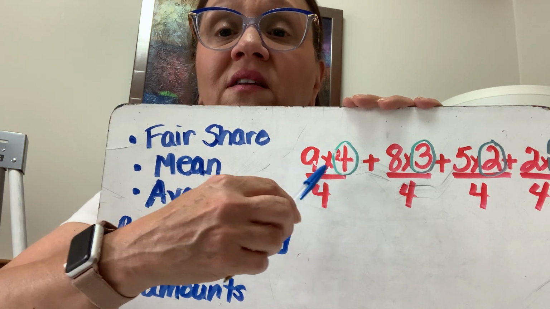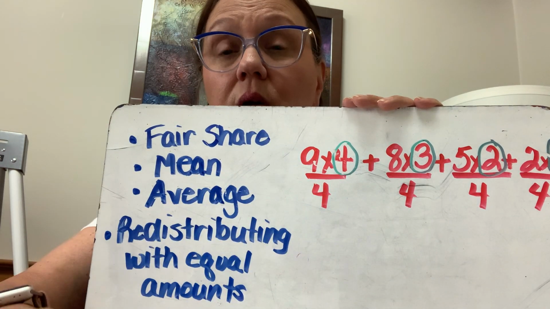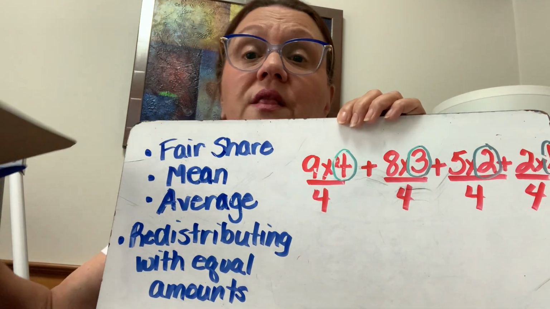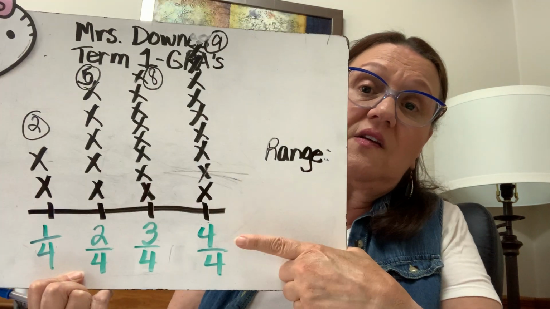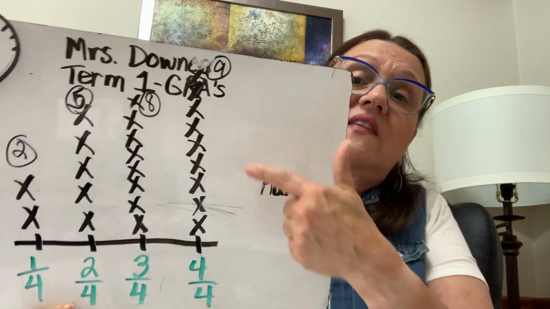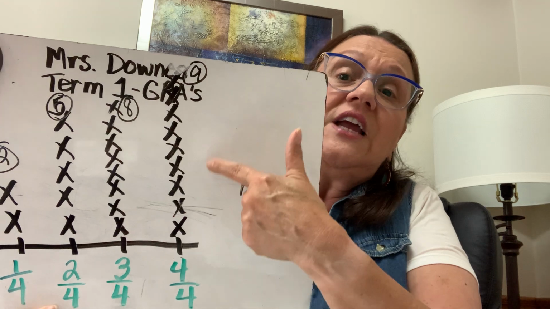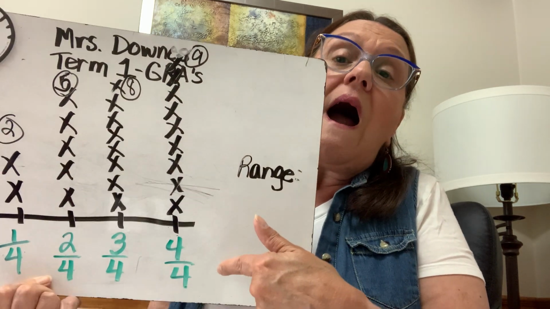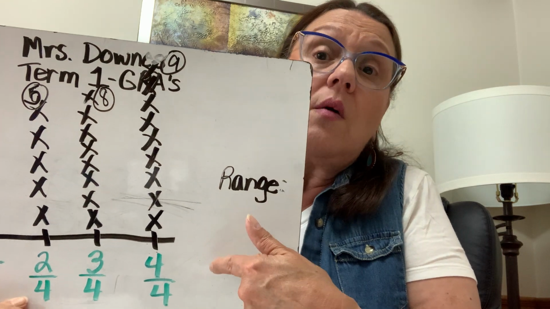And so 9 times 4 out of 4, that's my first column. 9 times 4 over 4 represents this column right here, because I have 9 x's. Each x is worth a 4, so 9 times 4 out of a total of 4 points.